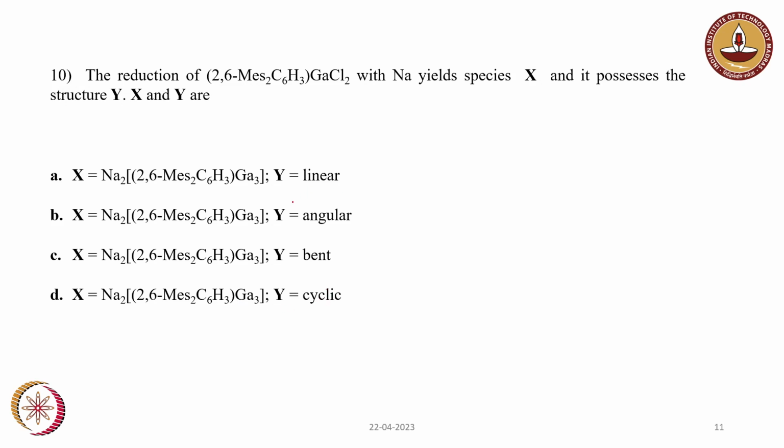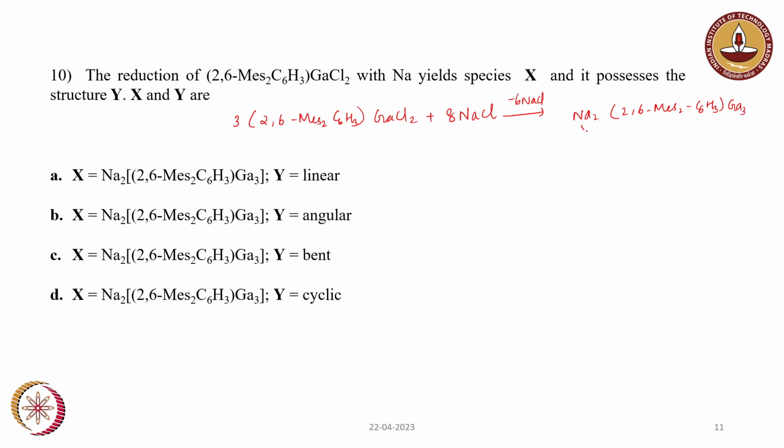So the reaction to produce X is: 3 of 2,6-Mes2C6H3GaCl2 reacted with 8 sodium, giving 6 NaCl removed, and it forms Na2[(2,6-Mes2C6H3Ga)3].